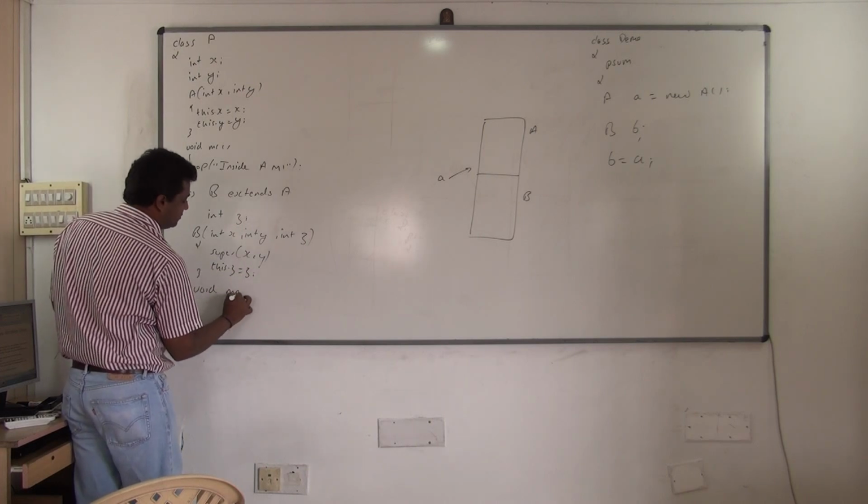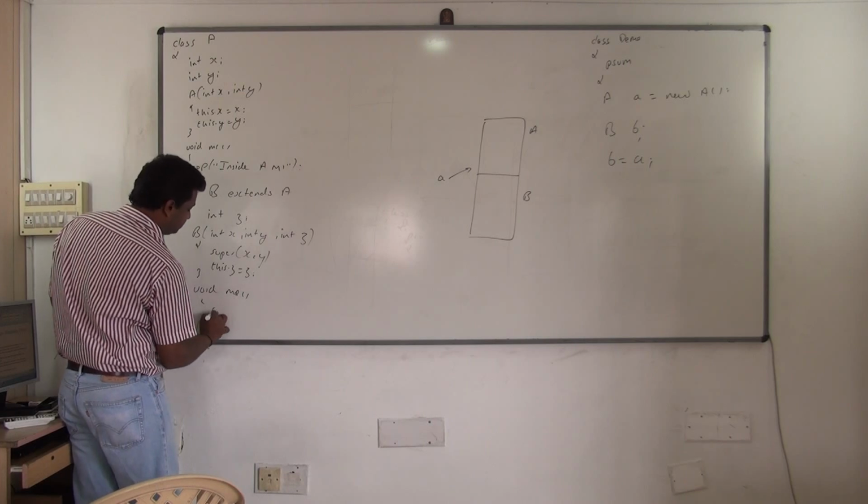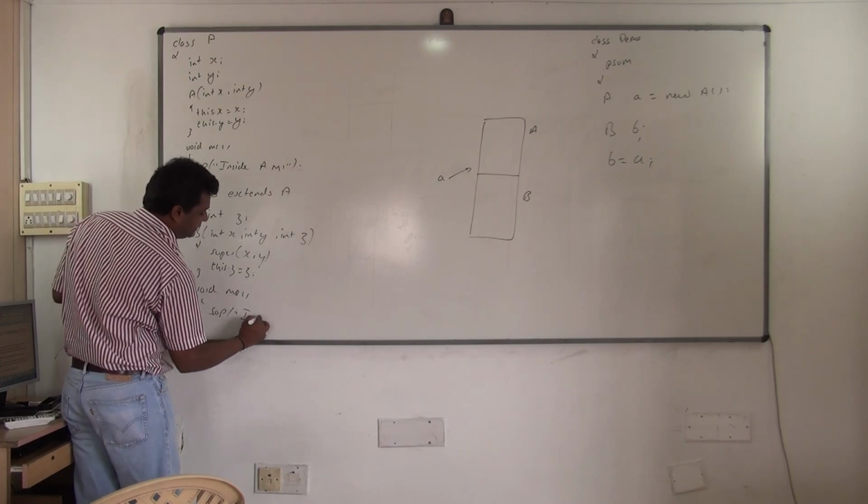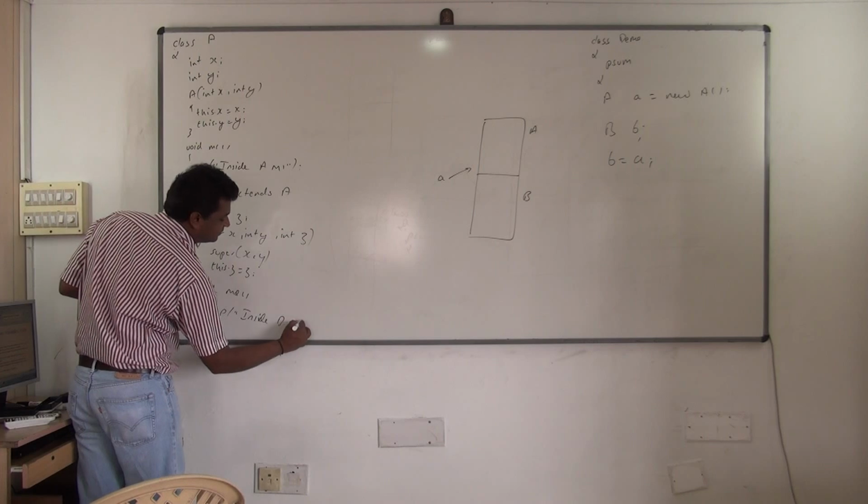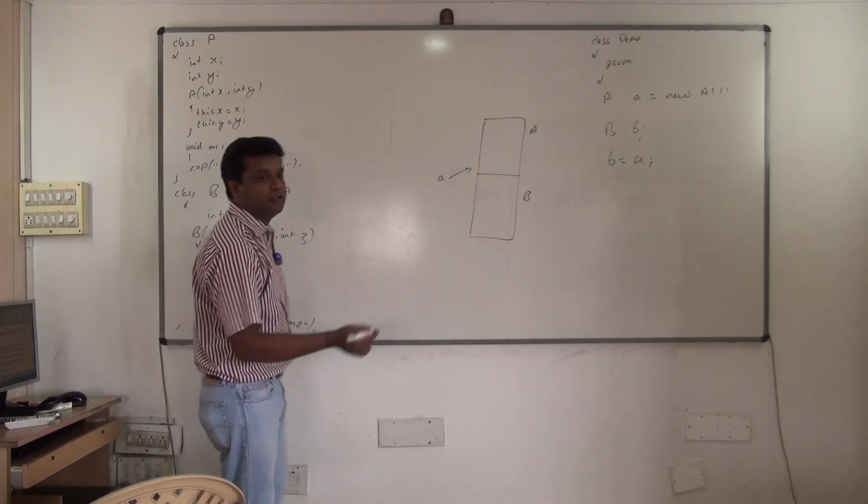Look at the two classes now. There are two classes. You know the members now, very clearly.